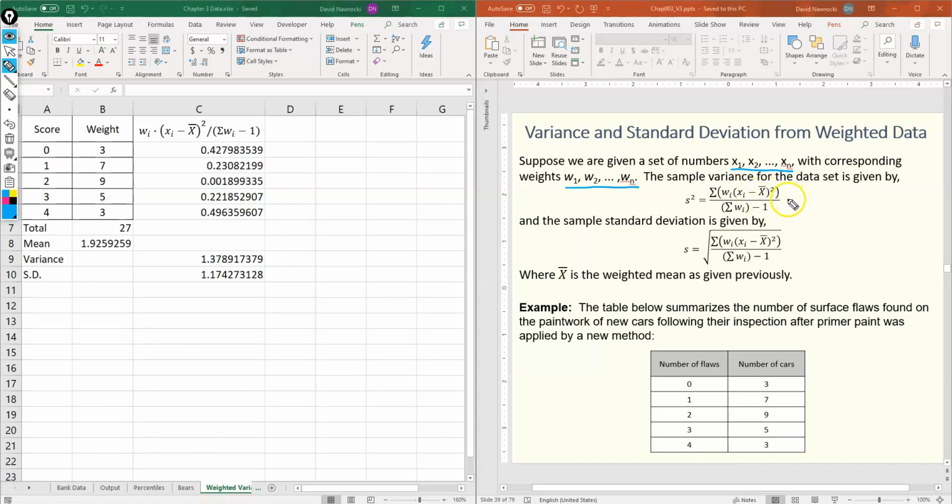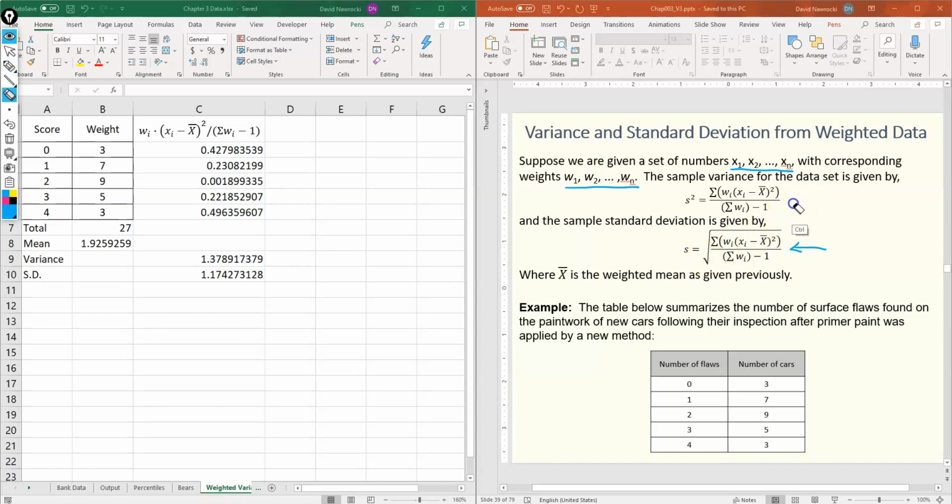Now the formula for the sample variance and standard deviation are given by these two formulas right here. So this is your formula for the sample variance from a weighted data set, and then you just take the square root of it to get your standard deviation.